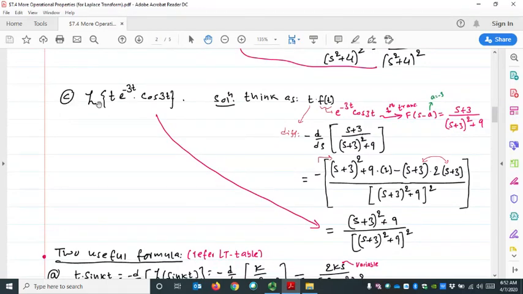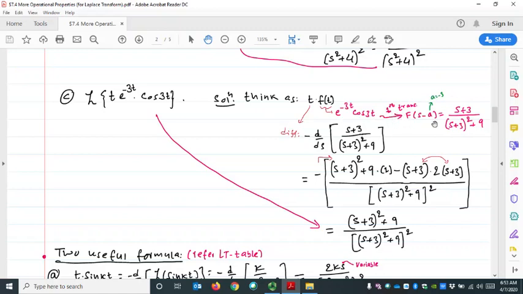Part C. Find the Laplace transform of t times e to the power negative 3t times cosine 3t. So here little f of t is e to the power negative 3t times cosine 3t. Then use the first translation theorem.